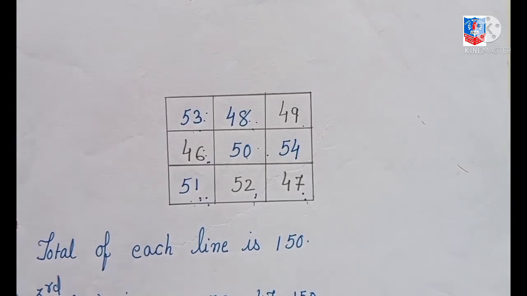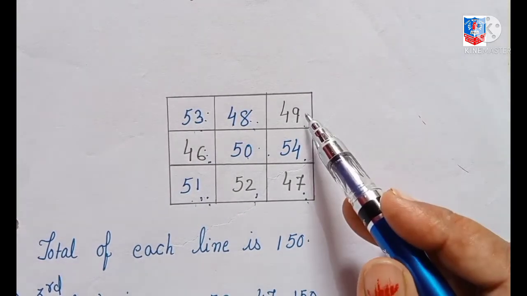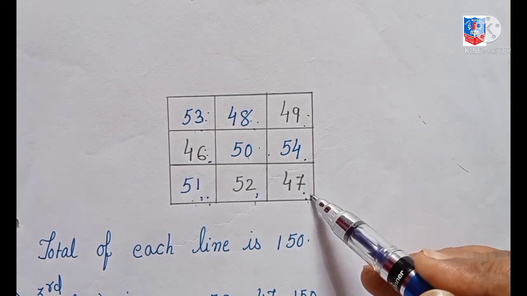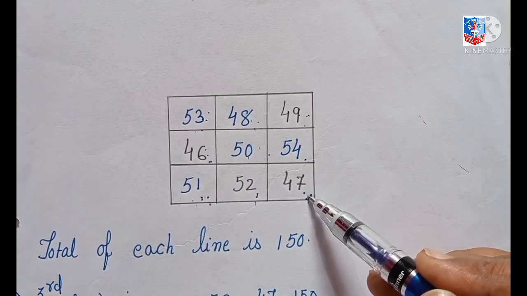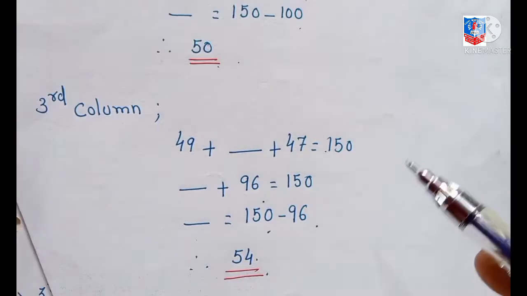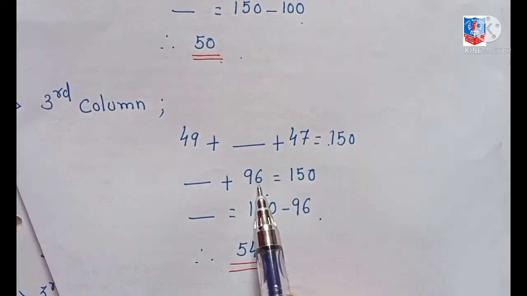Now we need this number 54. Now 49 we got, 47 we got. Then what we will do? We will add 49 plus 47. When we add 49 plus 47, that is 96.